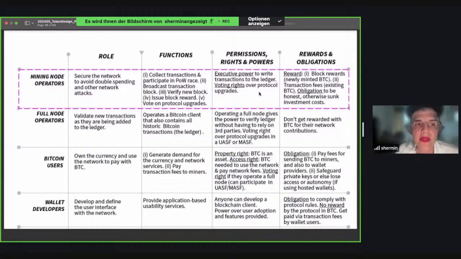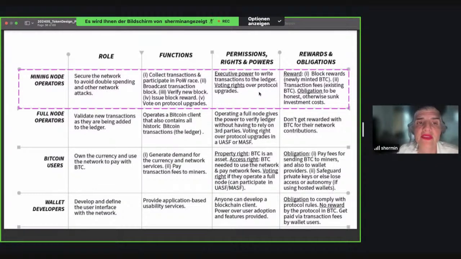So mining node operators are probably the most important, because without them, we don't have new transaction blocks. They emerge over time as independent node operators that were distinct from full node operators. Any mining node operator also needs to operate a full node, and he also needs to manage the full state of the ledger. But full node operators emerged later who don't do mining.